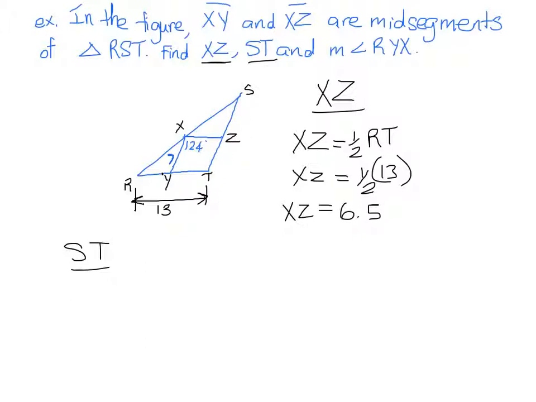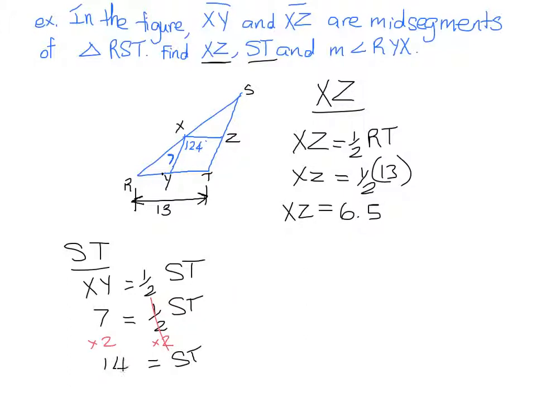So XY is half of ST, and we know XY is 7, so 7 is half of ST. Now we can multiply both sides by 2 to isolate ST, and we get that ST is 14. So that is our second thing out of the way.